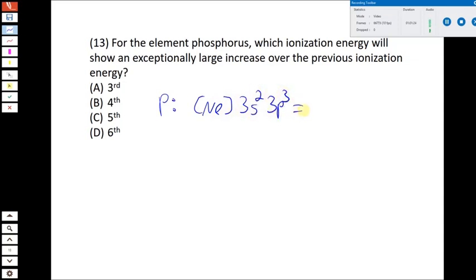But all we really care about for ionization energies and where we're going to see that large increase is how many valence electrons there are. So that's going to be 5, because remember that for p block elements, the s and the p outer electrons are all valence. There's 5 valence electrons here.